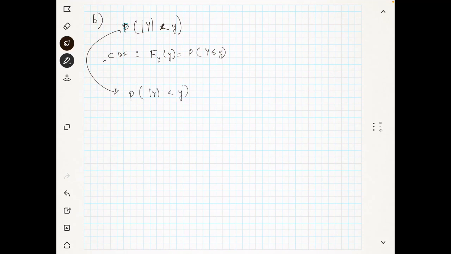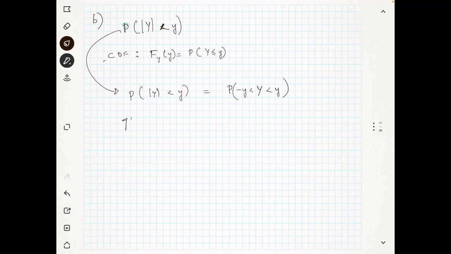There is no equality sign there. So that is a problem. Now we will see what to do with this. This is nothing but the probability that the random variable Y takes the value less than y and greater than minus y. That means it takes the value between minus y and y.